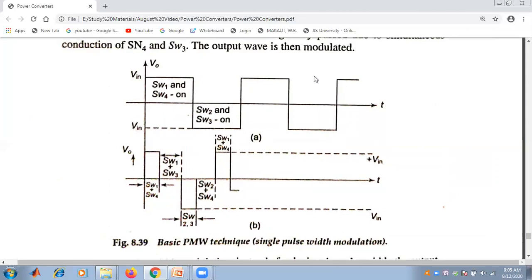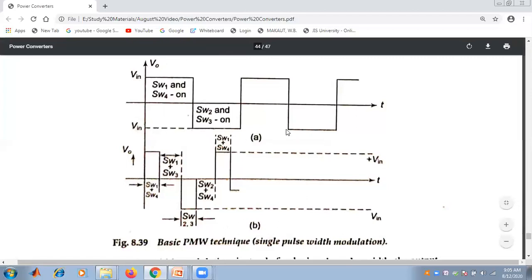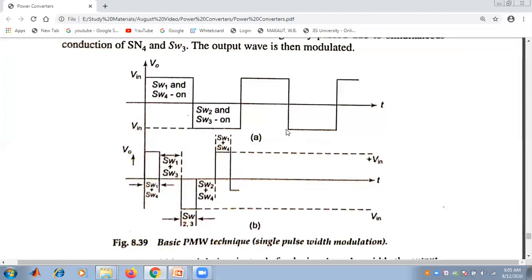Let us concentrate on the first graph where switch 1 and switch 4 are turned on. In the second portion, switch 2 and switch 3 are turned on, and we are getting an output voltage waveform pattern.